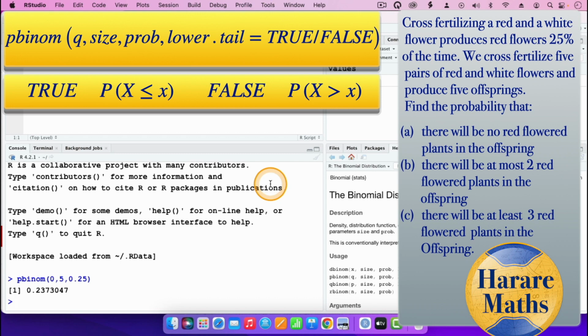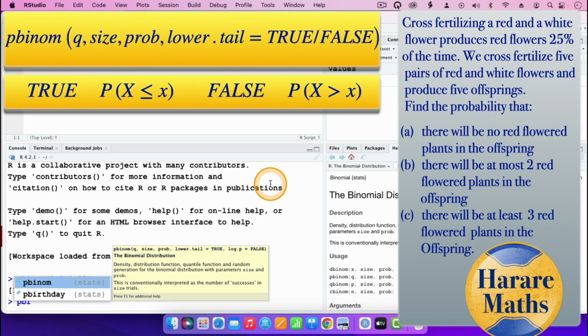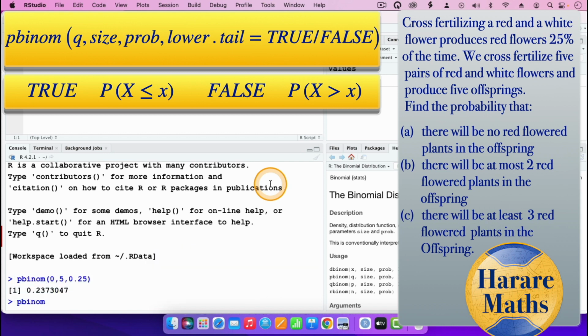Moving on to the second part, the probability of X less than or equal to 2. The command there is pbinom, open parenthesis, and I specify 2, since we are saying X less than or equal to 2. And the probability is 0.25, the probability of success.